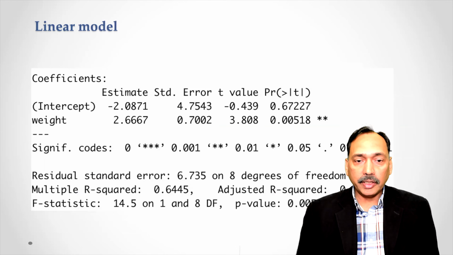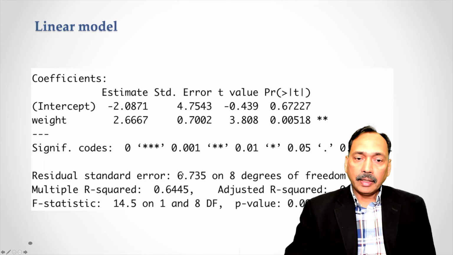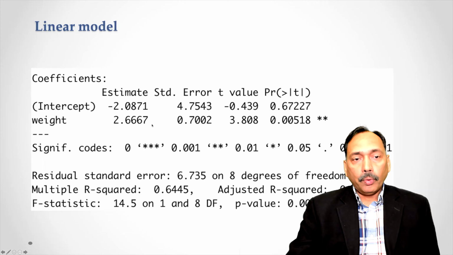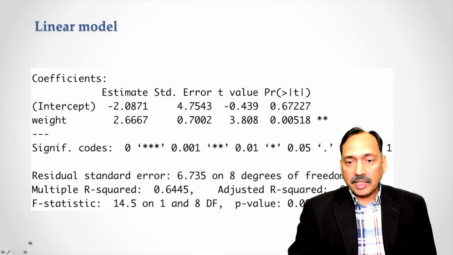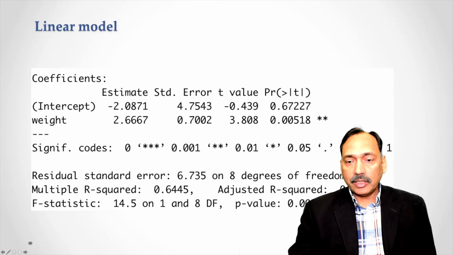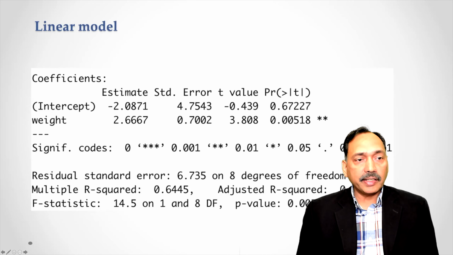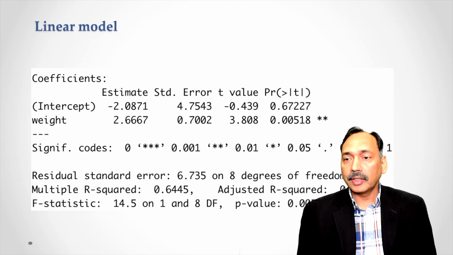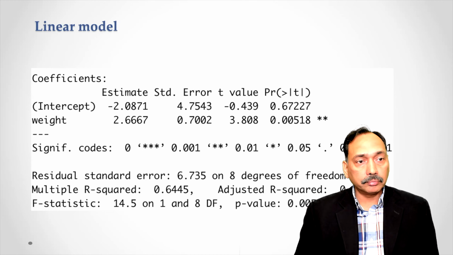So that's what goes into error. But overall we see that even for the model, the p-value is quite small, 0.005. So we can safely say weight has a statistically significant impact on depression.